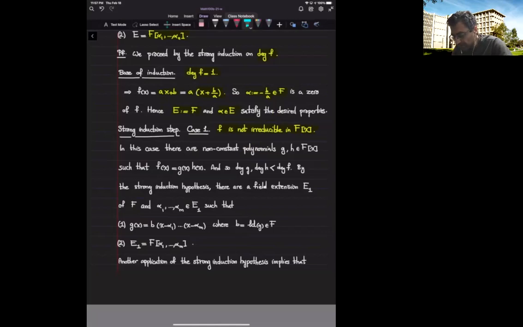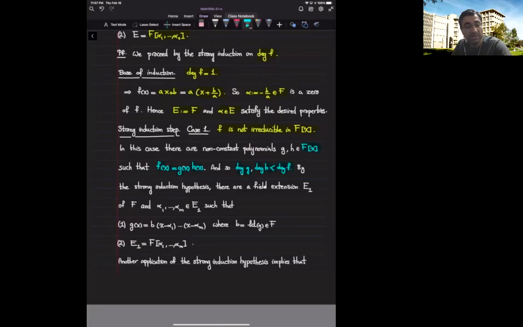So I can find two polynomials, g and h, with coefficients inside the field F, such that the polynomial small f can be written as the product of g and h. So both of them have smaller degree and both of them are non-constant. That's out of the assumption that f is not irreducible.